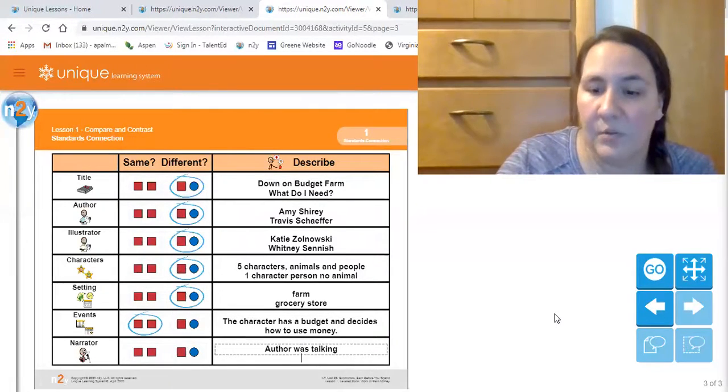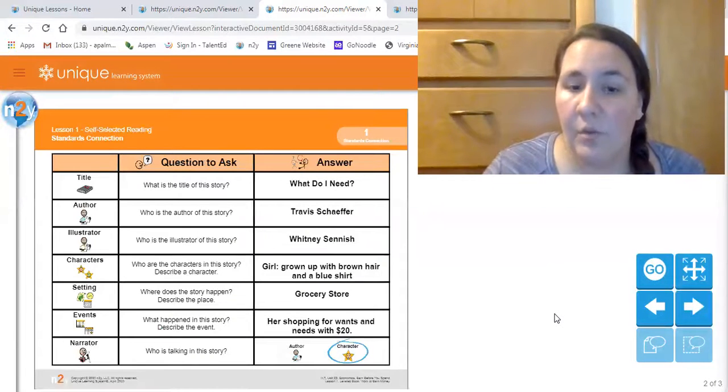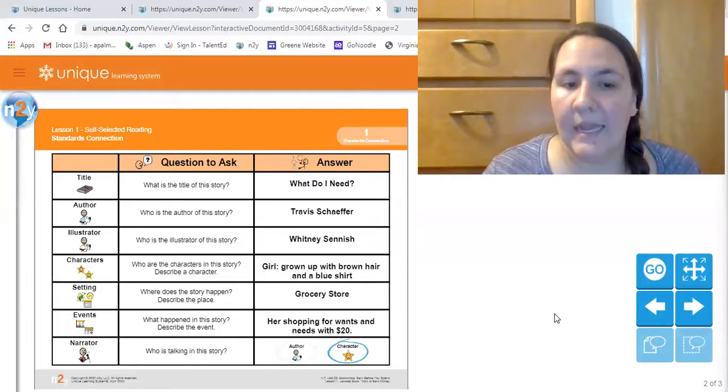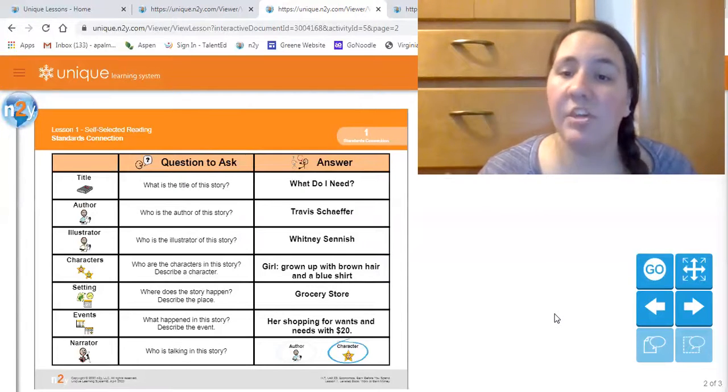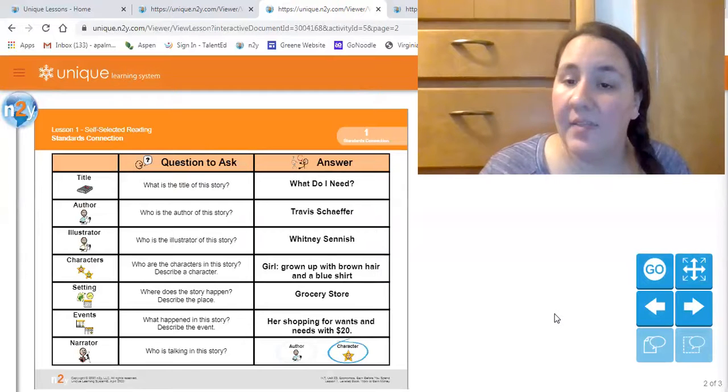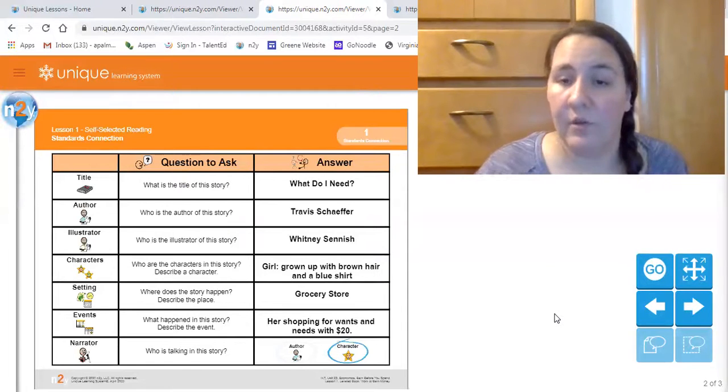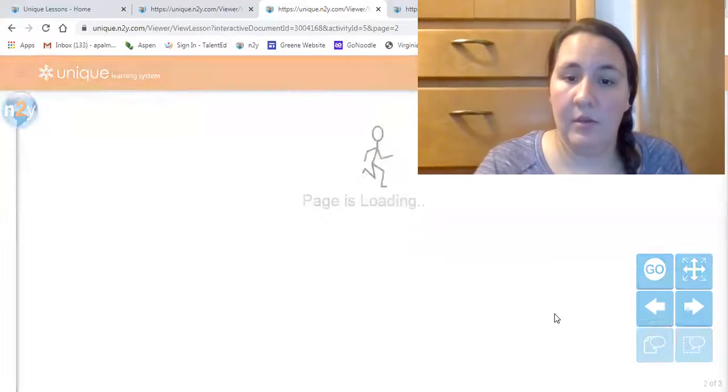In the second story, though, she's using words like I and me and my, and she is telling us only how she feels and what she thinks. So we decided that the character, the girl in the story, was the person who was talking.